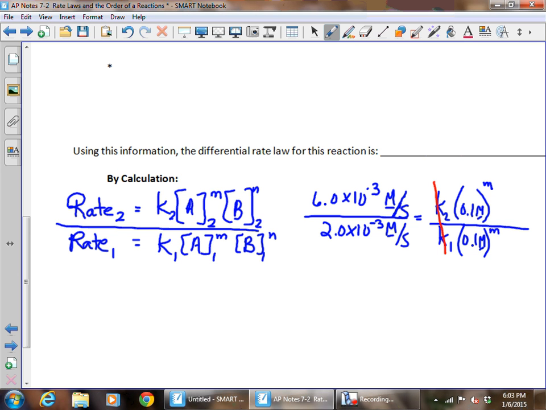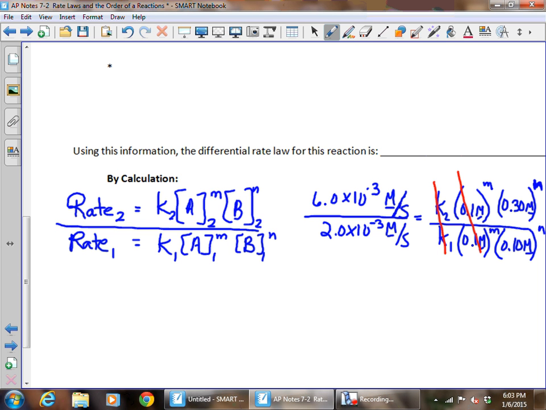Now what's that going to allow us to do? Once again, it's going to allow us to cancel this as well. So all that we're really left with are the values for B. In this case, it's 0.30 molar raised to the n, and the bottom was 0.1 molar raised to the n.